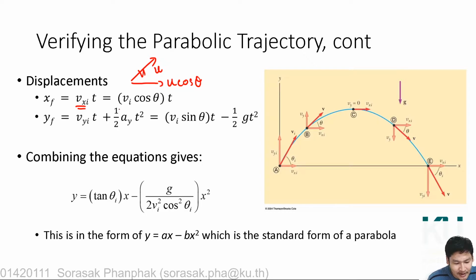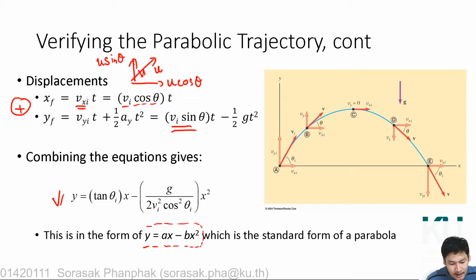You can substitute this information in, and also uy, which is u sin theta, over here. And you can use this relation to determine the motion or anything that you want. So this is the proof of the parabolic pathway.